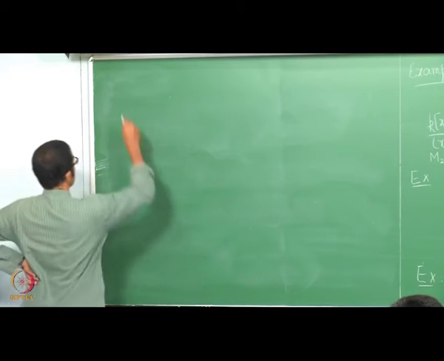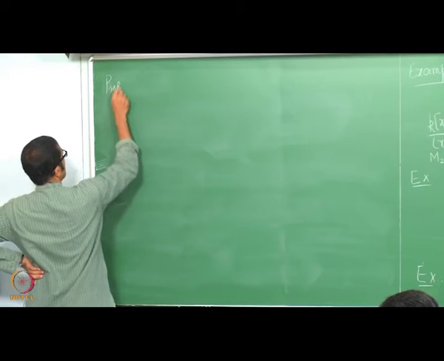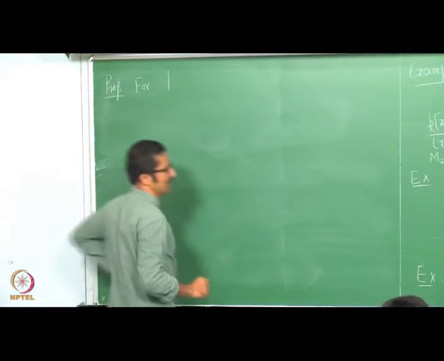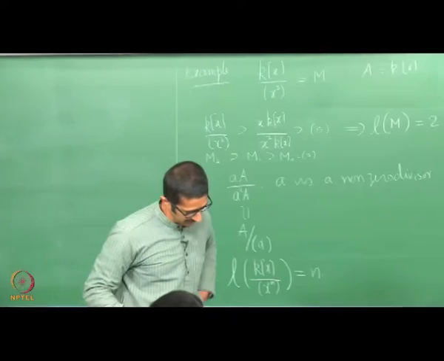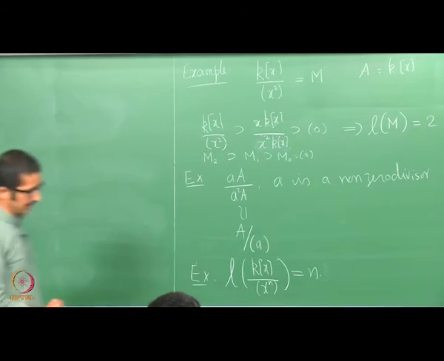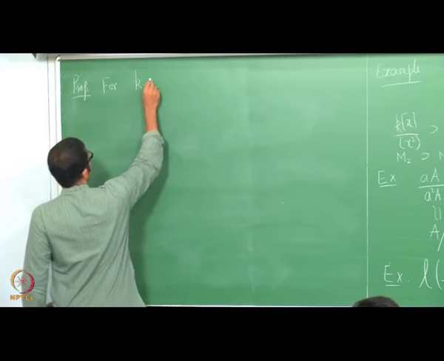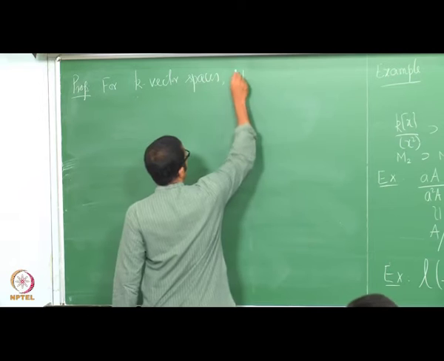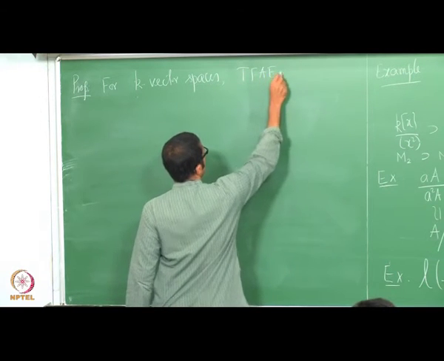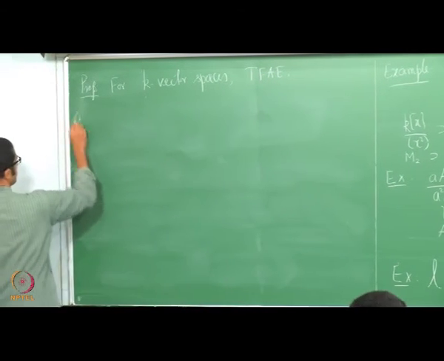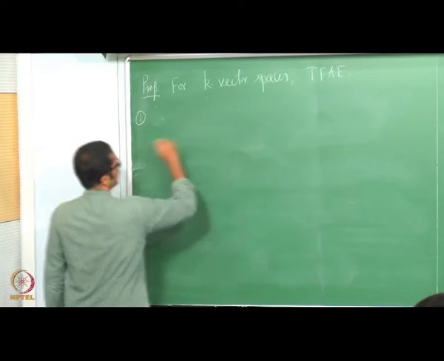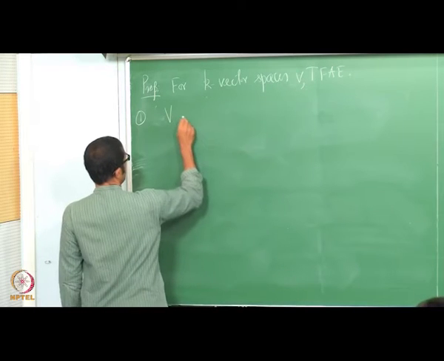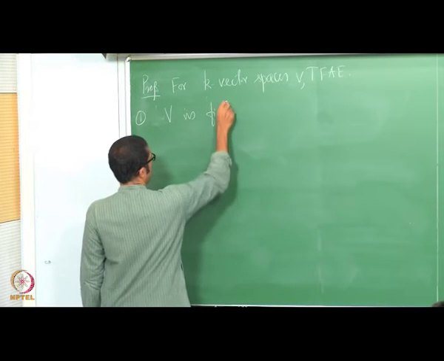For finite dimensional k vector spaces, the following are equivalent. V is finite dimensional.